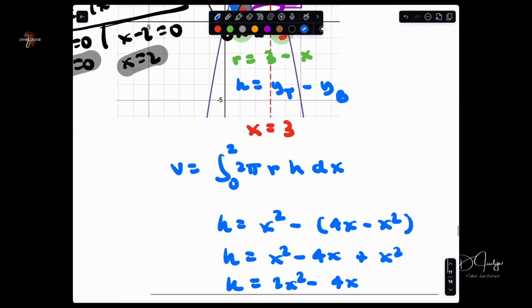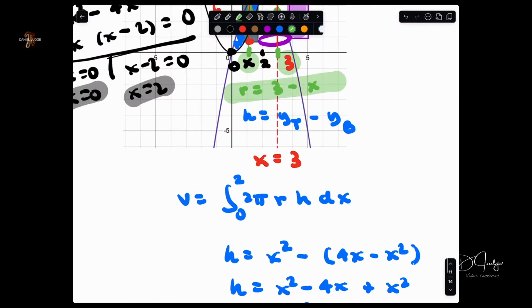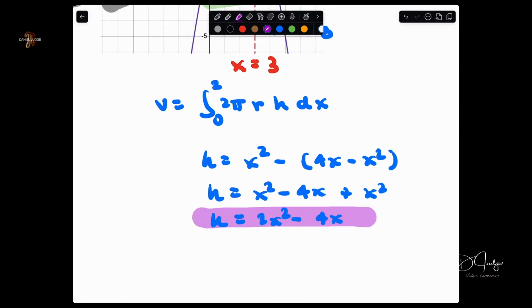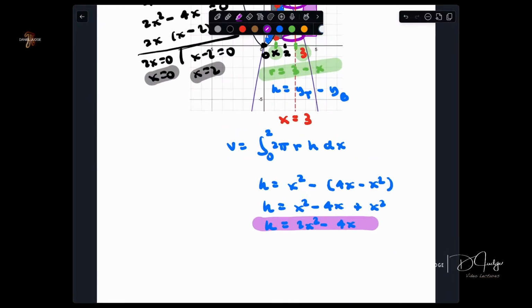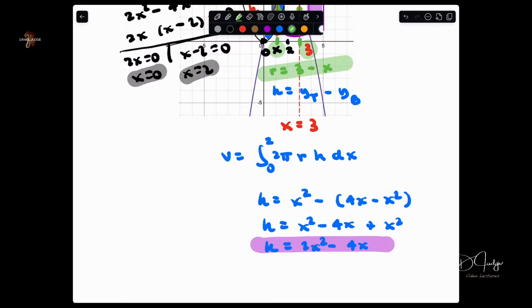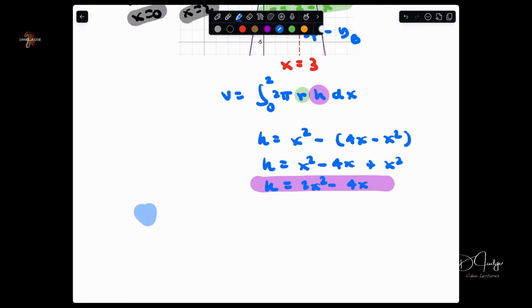So radius value and the height over here. Let's see.